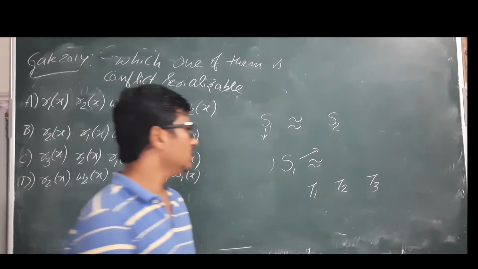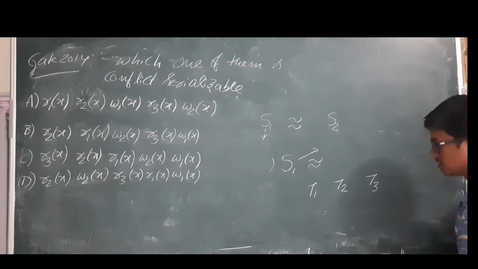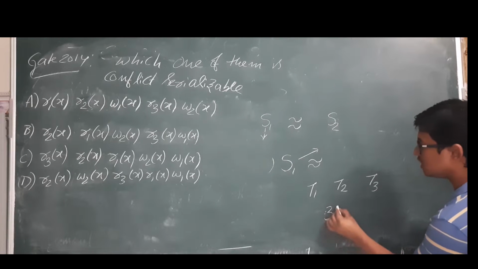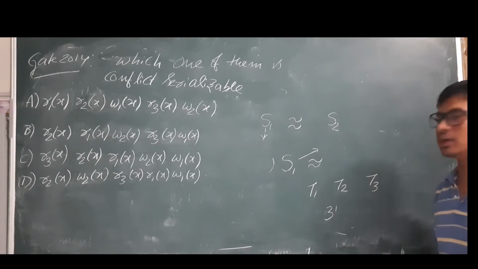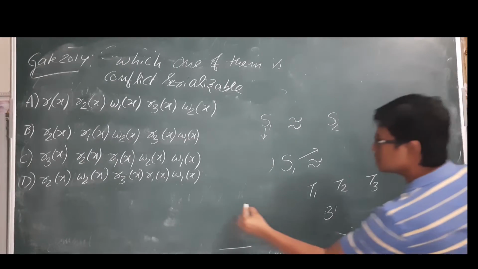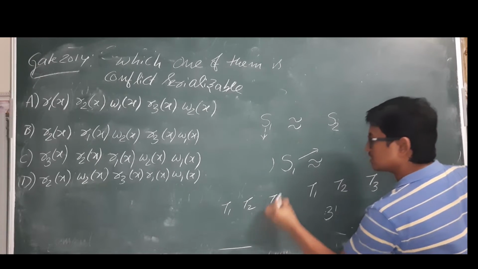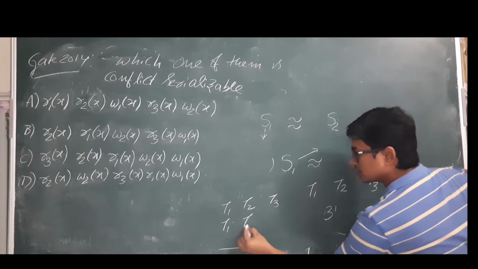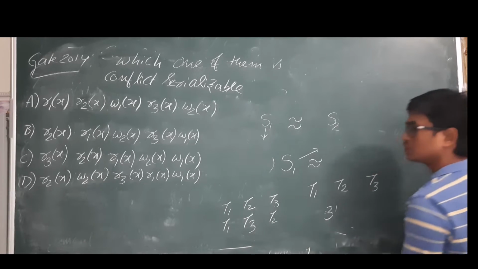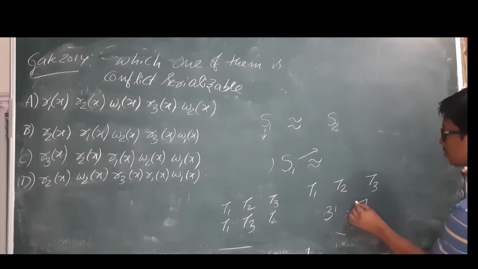If I have 3 transactions, then 3 factorial serial schedules are possible. One example is transaction 1, then transaction 2, transaction 3. Another example is transaction 1, transaction 3, then transaction 2. Like that we will have 6 serial schedules possible.